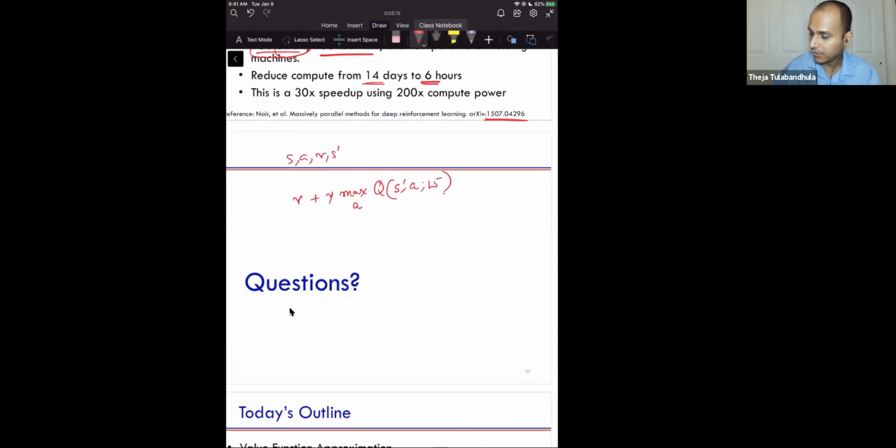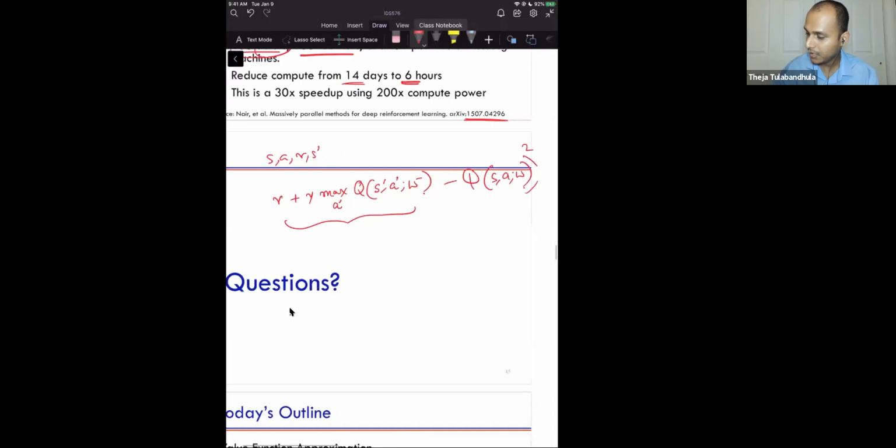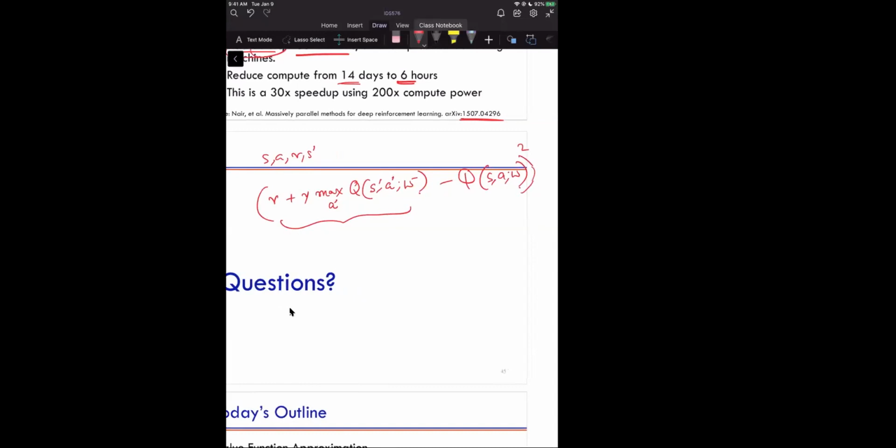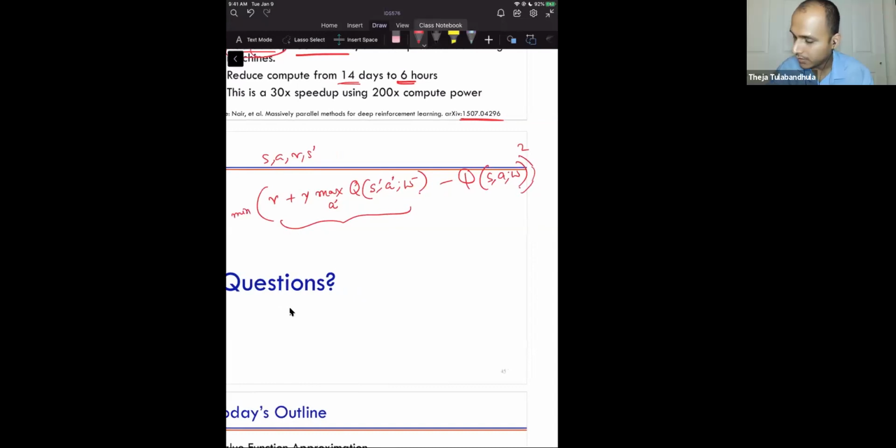This would be your target, and you would try to minimize the square of the difference with Q of S, A at W. Min over W. Now, this is actually a neural network as well, right? Just think of this as a copy of this network at some previous time step.